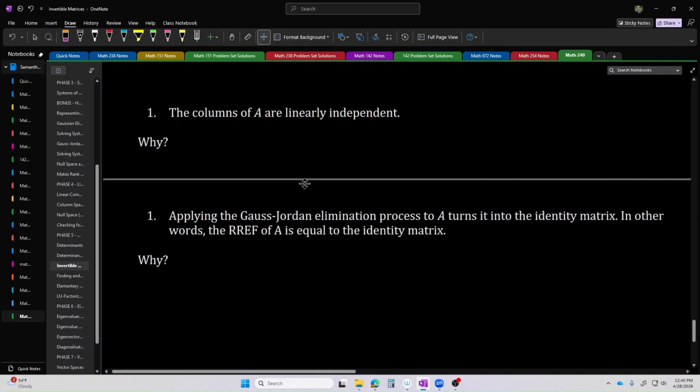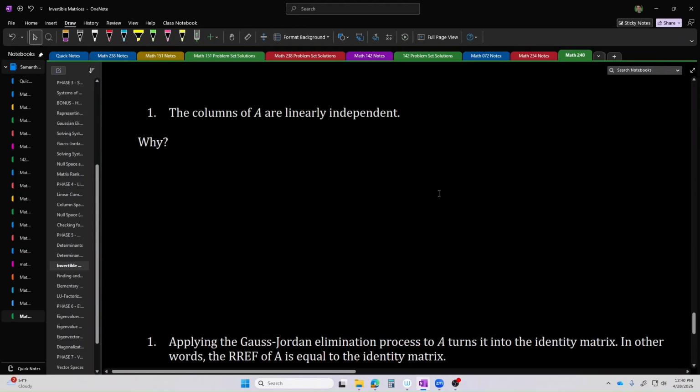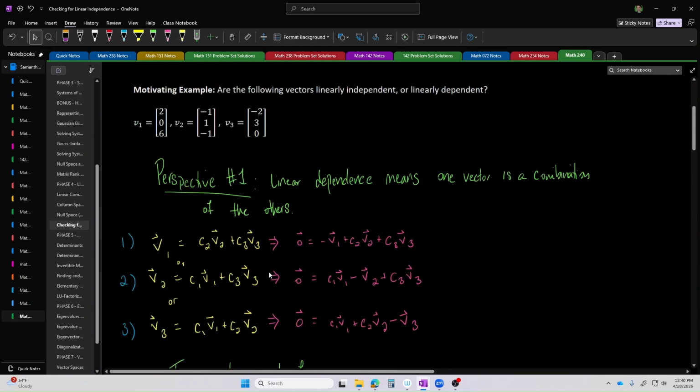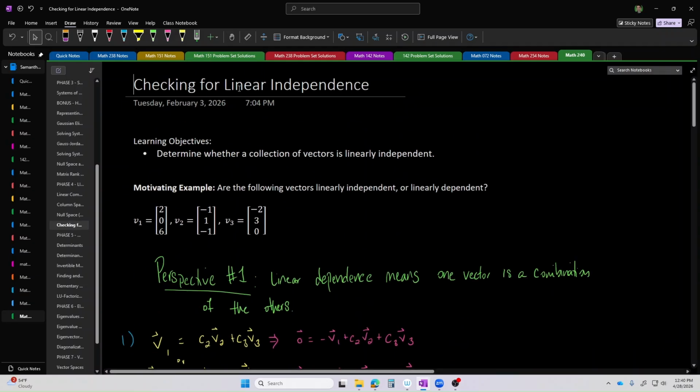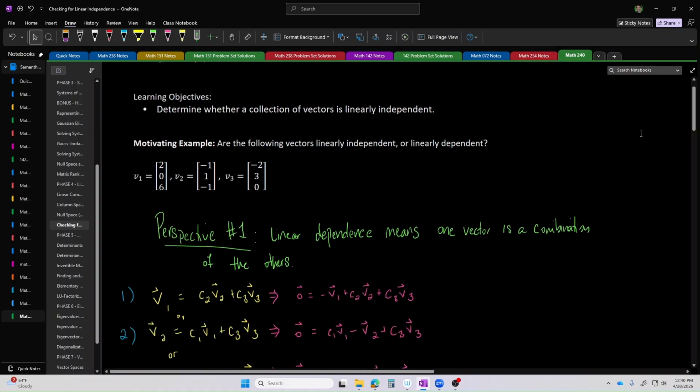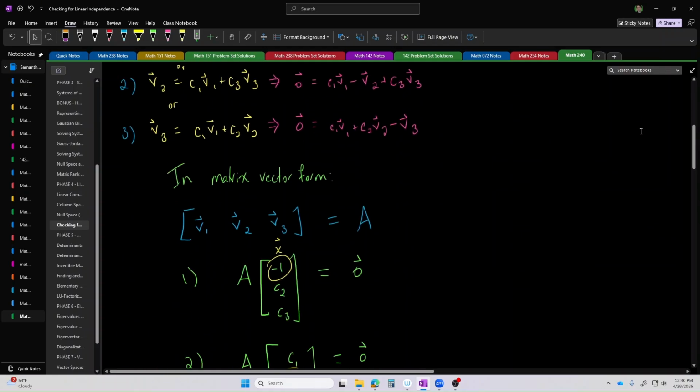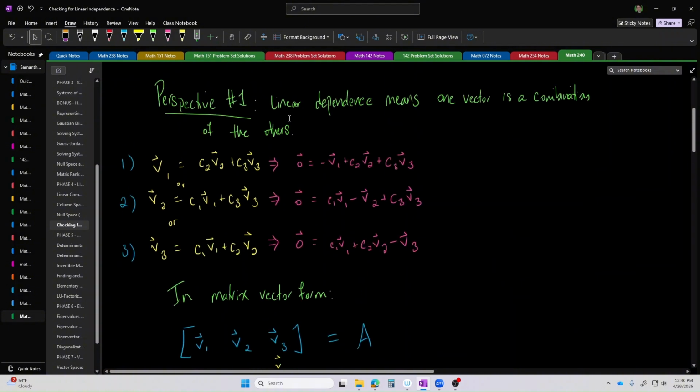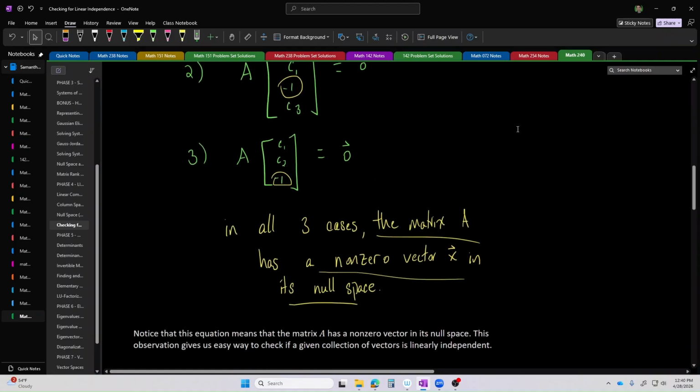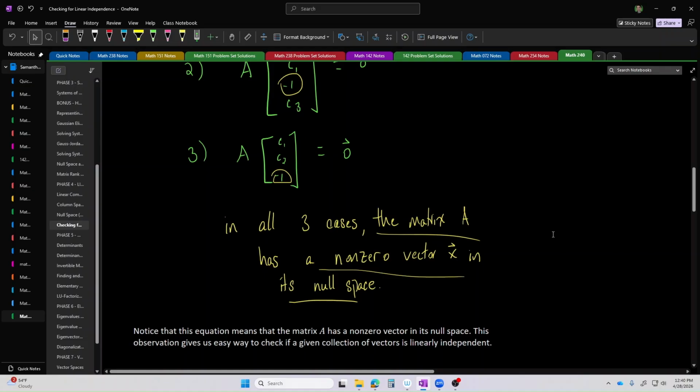We could also say that the columns of A must be linearly independent. The columns of an invertible matrix must be linearly independent, and a lot of the reasoning behind that property came up back here in the checking for linear independence lesson. We saw that if you build a matrix from a collection of column vectors, if those column vectors are linearly dependent, then the matrix A has something that's non-zero in its null space.